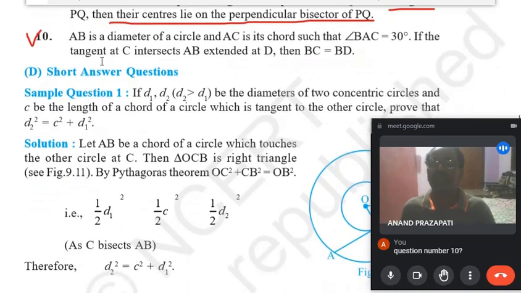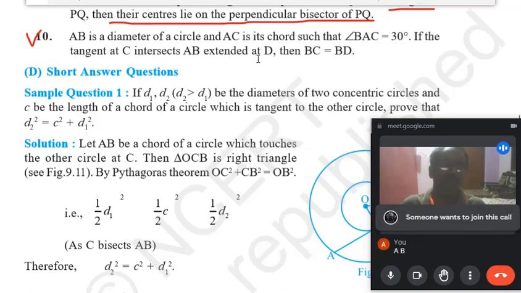AB is a diameter of a circle and AC is its chord such that angle BAC equals 30 degrees. If the tangent at C intersects AB extended at D, then BC equals BD.